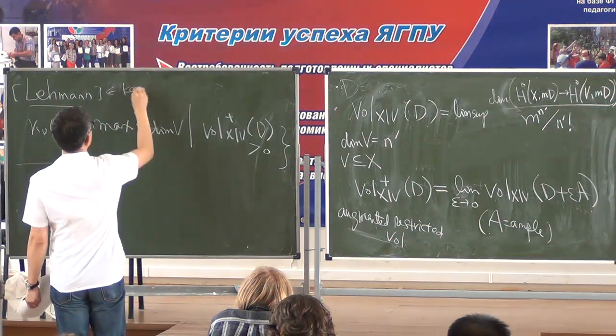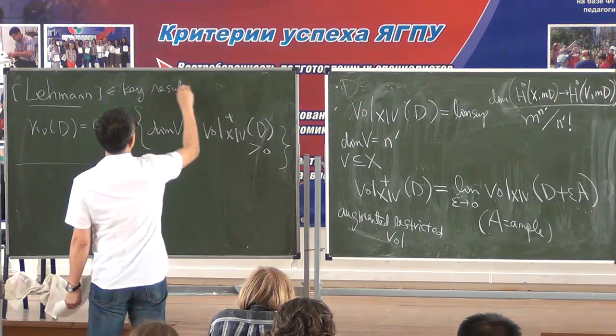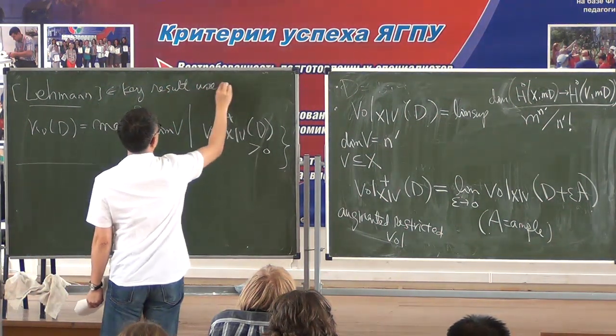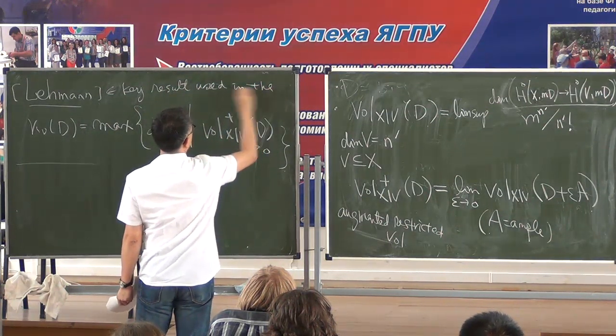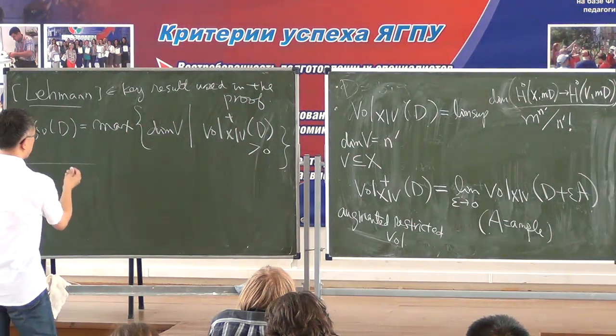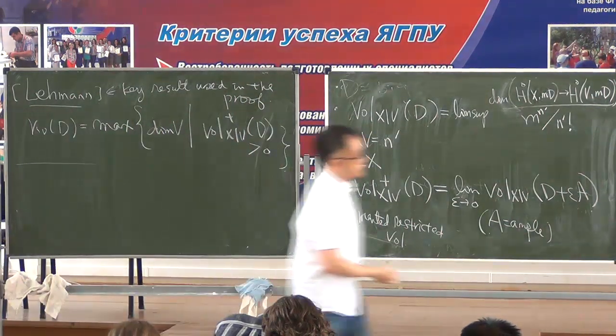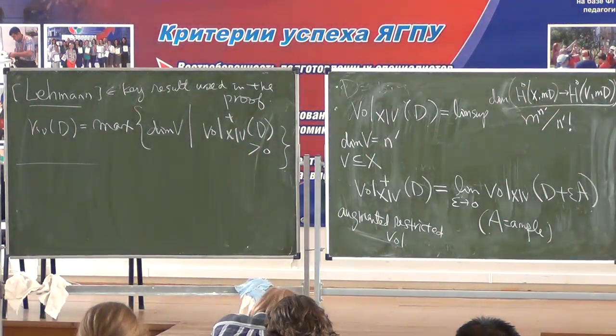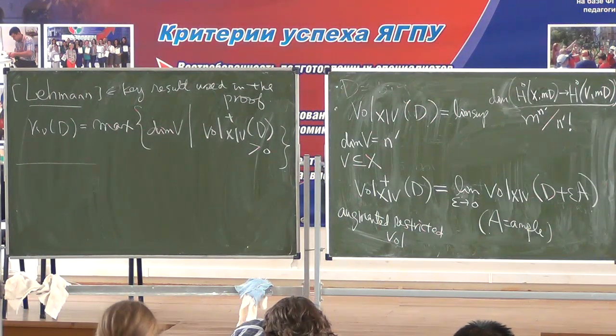This is the key result. In this flag, B has dimension equal to the numerical Iitaka dimension.